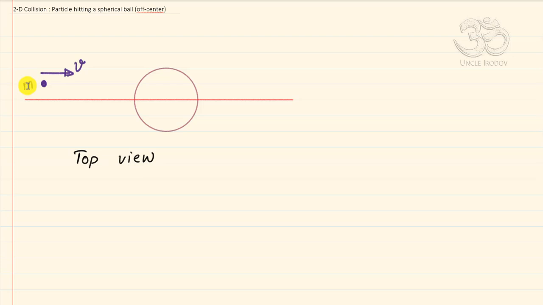And just for this particular problem, let us also say that this ball has got a mass of small m also. So this is also small m. The only thing is it's spherical, it has got a radius r.